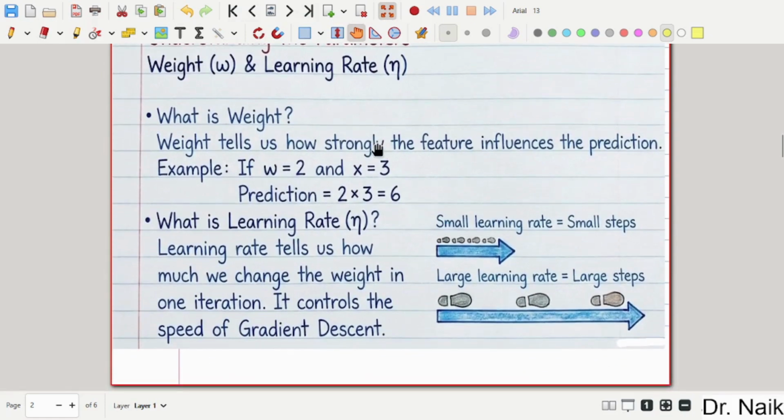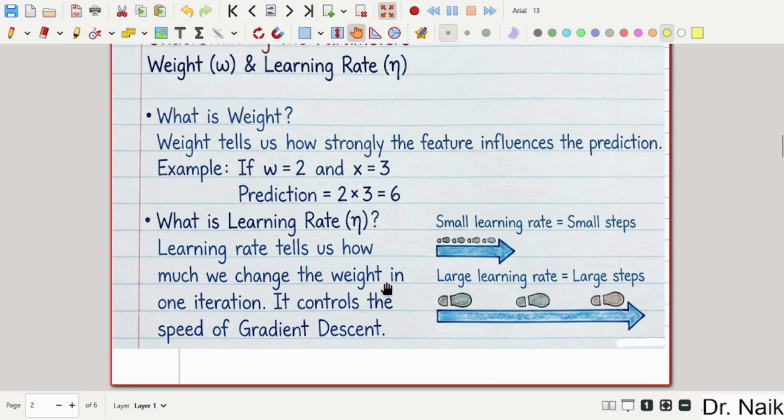What is a weight? Weight tells us how strongly the feature influences the prediction. For example, if w is 2 and x is 3, then prediction is equal to 2 multiplied by 3, that is 6.